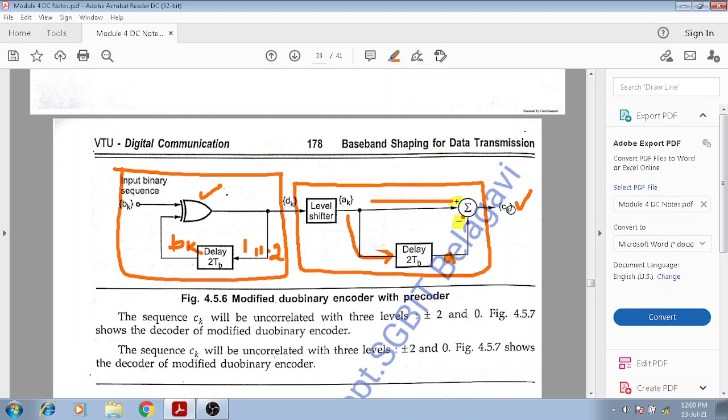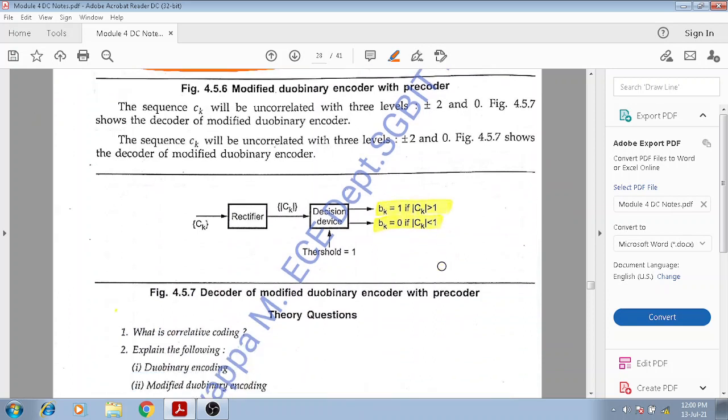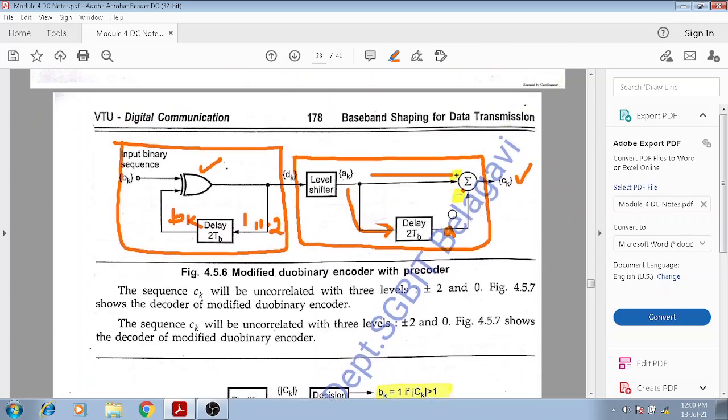So what is the coded output, coded sequence, or it is also called the received sequence? CK is equal to AK minus AK minus 2. Look here, AK minus 2. So this is how the modified DO binary encoder with precoder works.